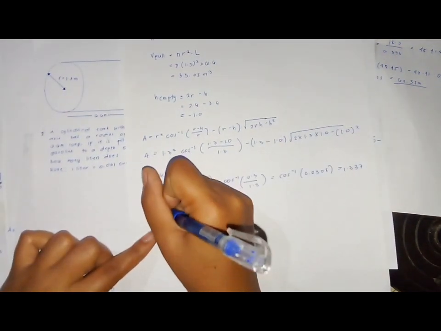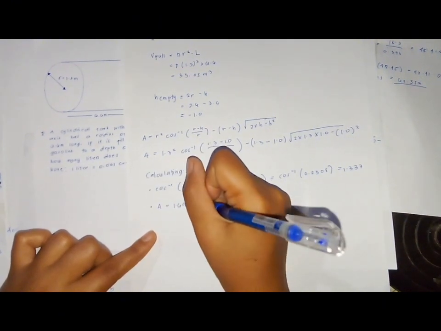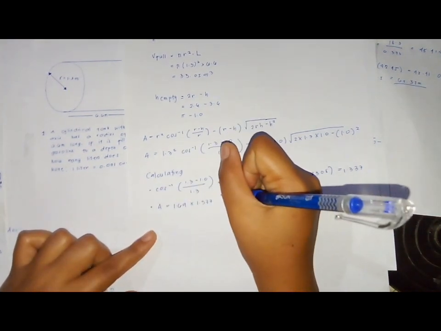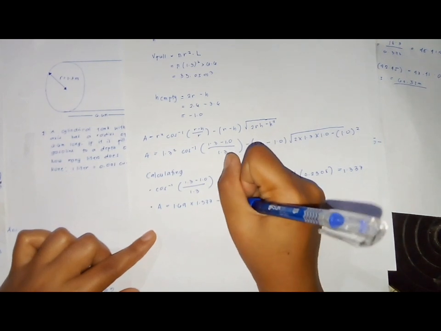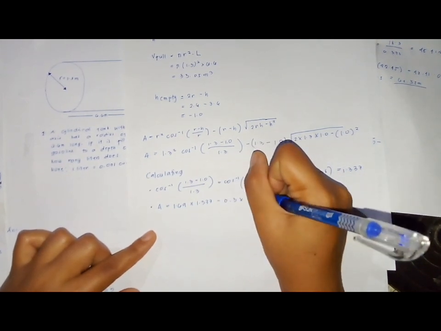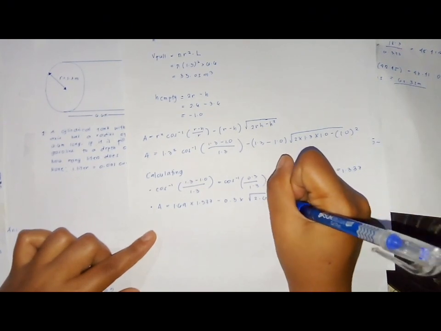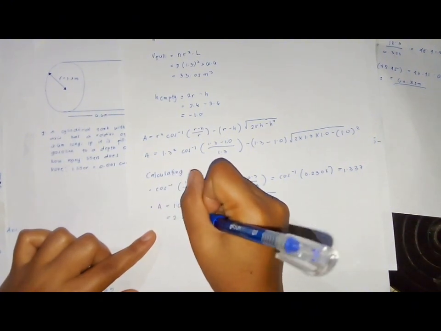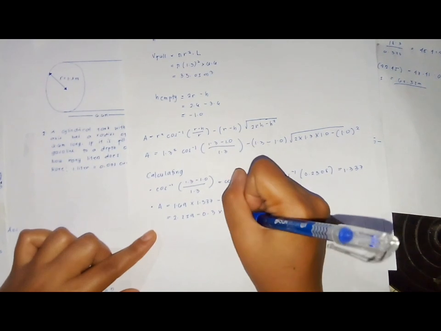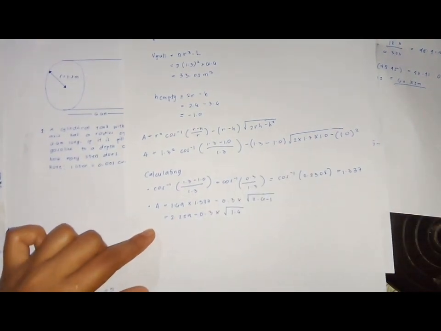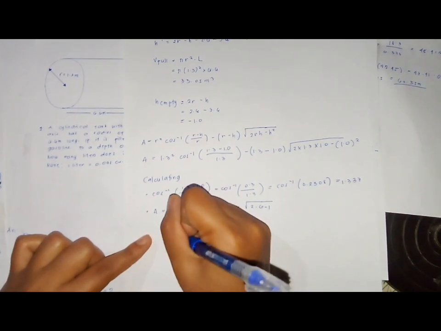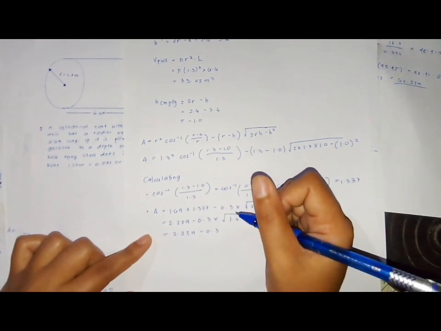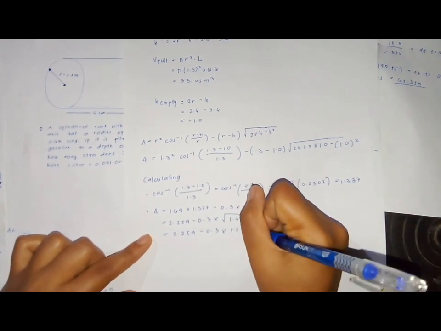So 1.69 multiplied by 1.337 gives 2.259, minus 0.3 multiplied by the square root of 2.6 minus 1, which is 1.265.